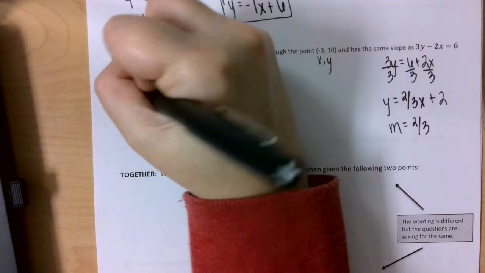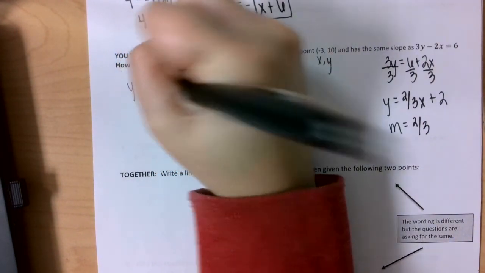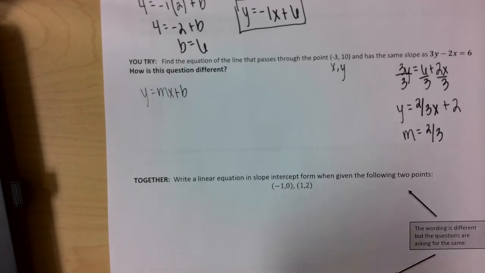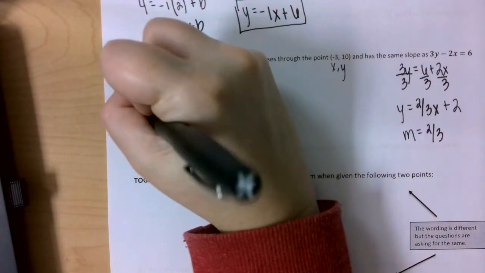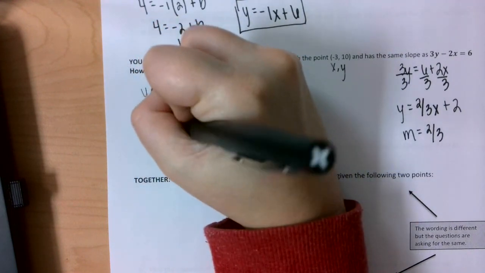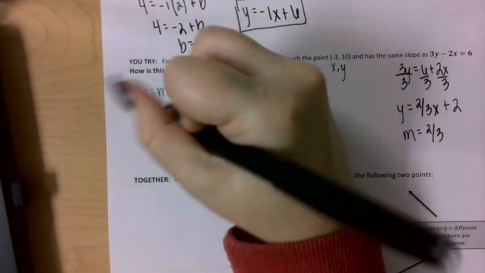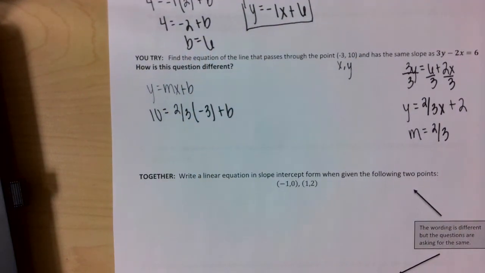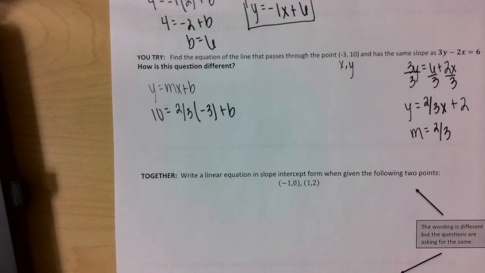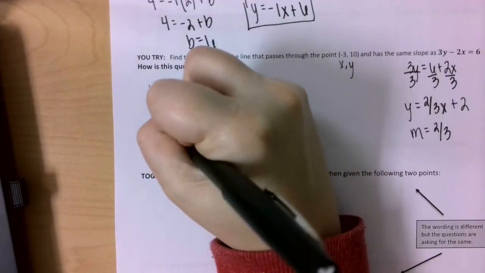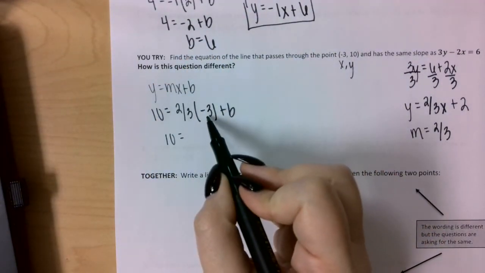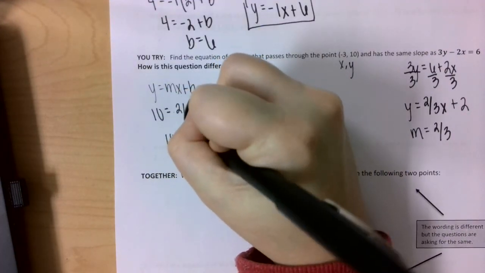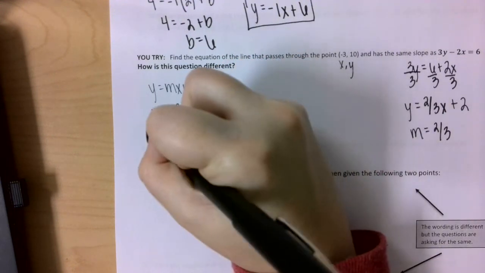Okay, so I'm going to use this as my point. So I'm going to write my general equation. I'm going to plug in for y 10. My slope I found was 2/3. X is 3 plus my b. Okay, so again, multiplying fractions, a nice review. So negative 3 times 2 is going to be negative 6 divided by 3.